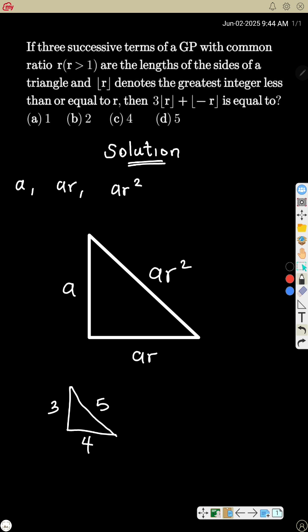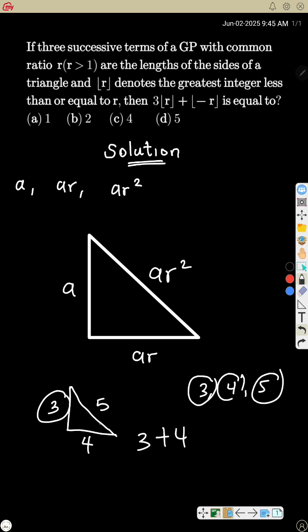Now for any triangle to be formed with certain numbers, the sum of two sides must be greater than the third side. Now this triangle is 3, 4, 5. We can form a triangle with sides 3 and 4 to produce 5. Why? Because 3 plus 4, the sum of these two sides, is greater than 5.